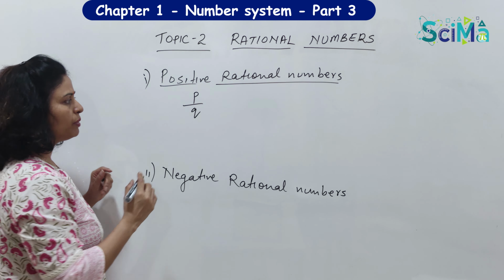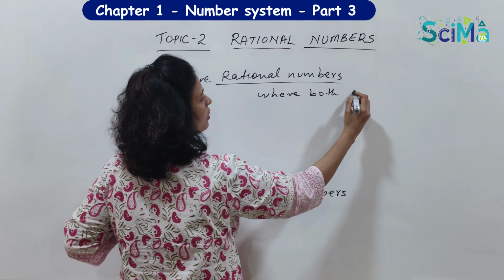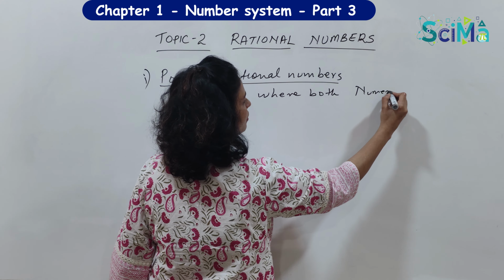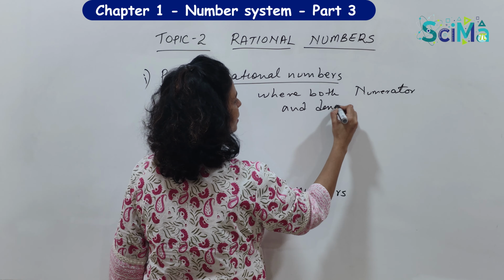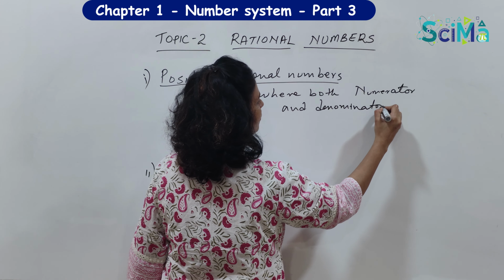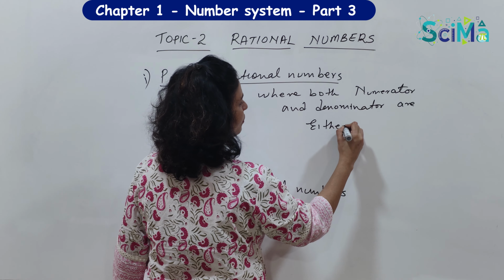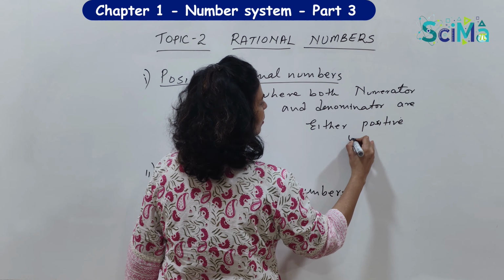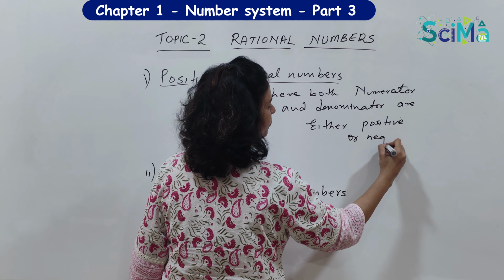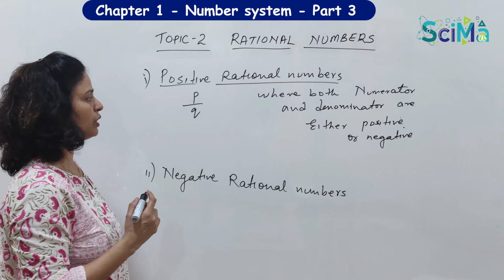So positive rational numbers are the numbers where both the numerator and denominator are either both positive or both negative. In both the cases, we can say that the rational number is a positive rational number.